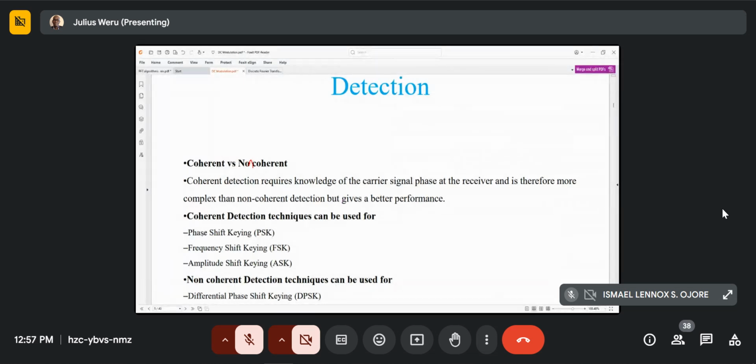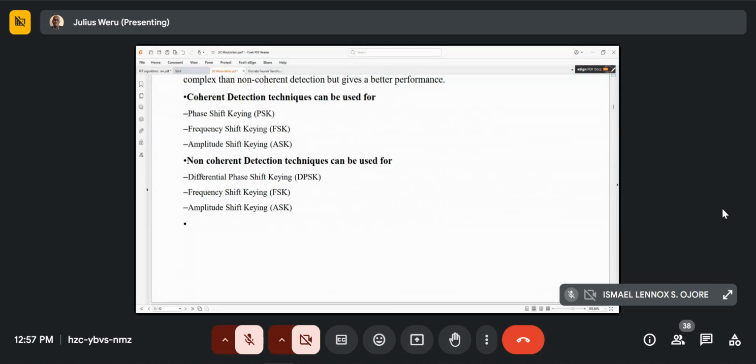Coherent detection can be used for phase shift keying, frequency shift keying, and amplitude shift keying. But for non-coherent, you can use differential phase shift keying, frequency shift keying, and amplitude shift keying. Phase shift keying cannot be used with non-coherent detection. It is simple; you don't need knowledge of your carrier.